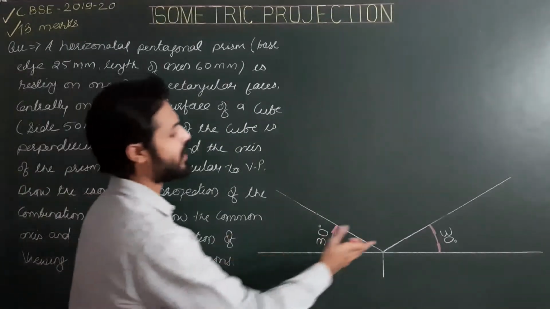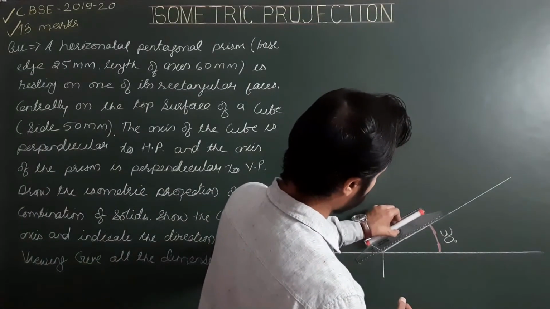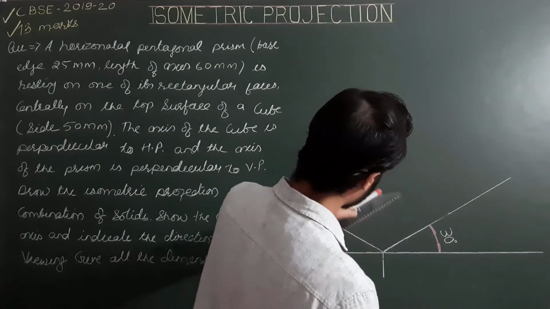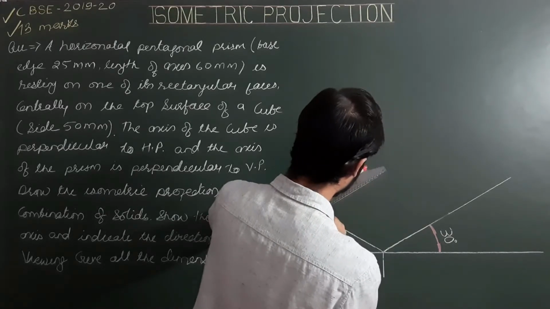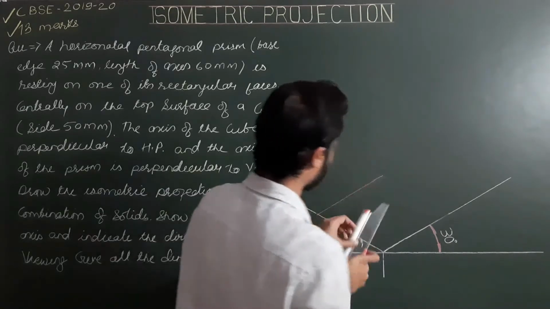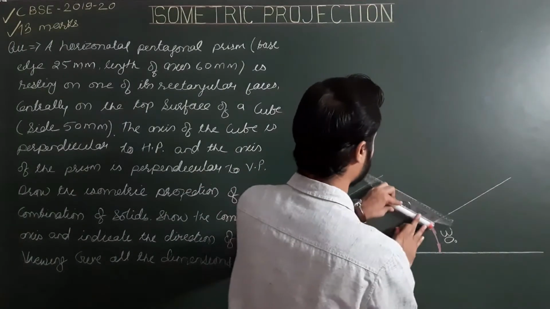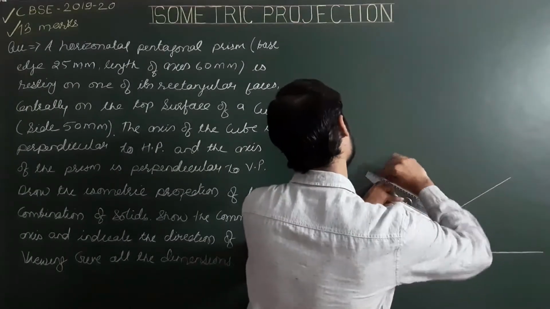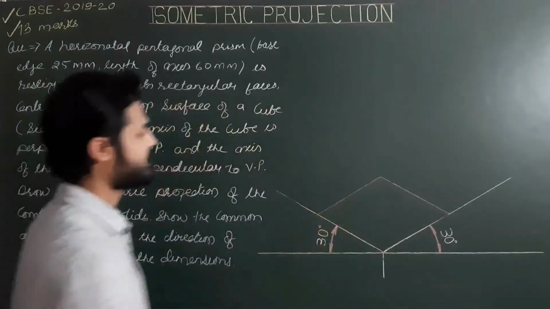Then drawing lines parallel to the first and second ISO axis from these 2 points, parallel to the first ISO axis and then parallel to the second ISO axis. We get the base of the cube. So this is the base.